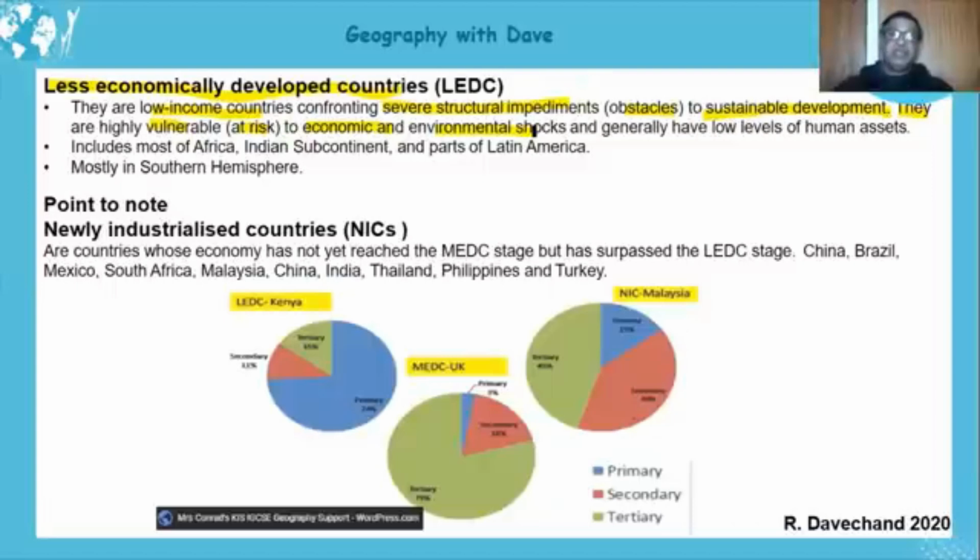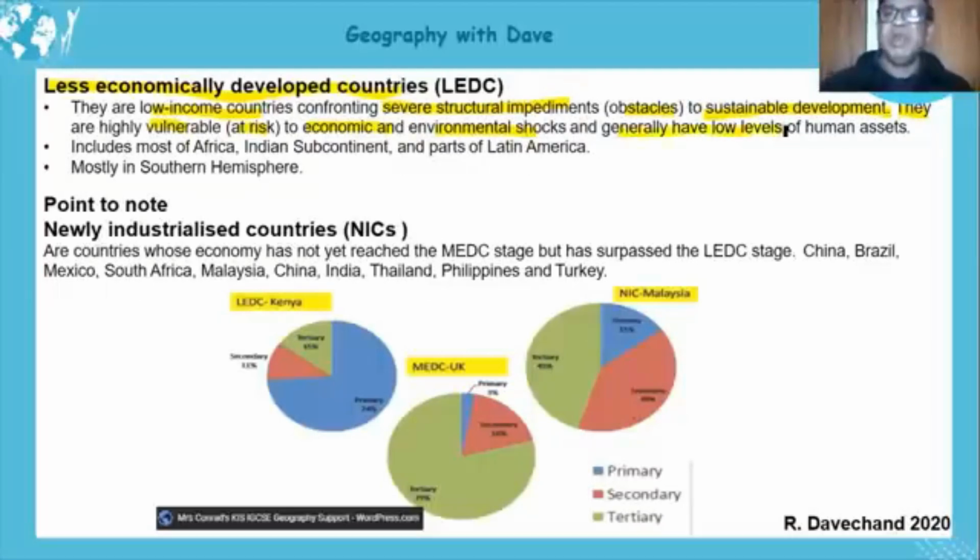They don't have the money. Okay, environmental shocks: if a hurricane hits America, they've got money, they support, so fewer tragedies. But if it hits places like Bangladesh, it's a massive disaster, because they don't have the infrastructure and the support.